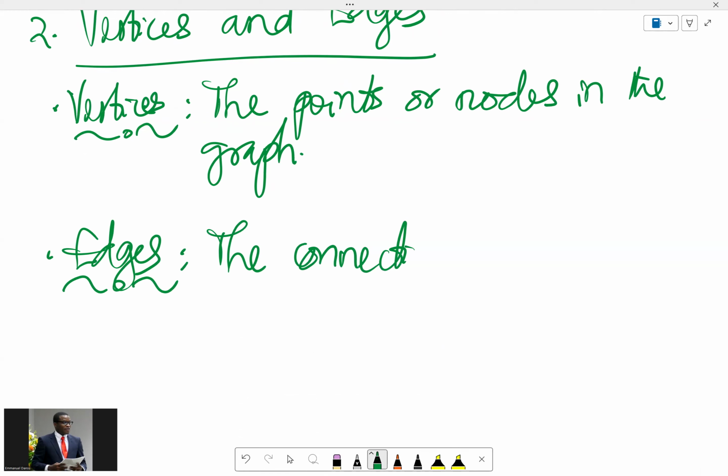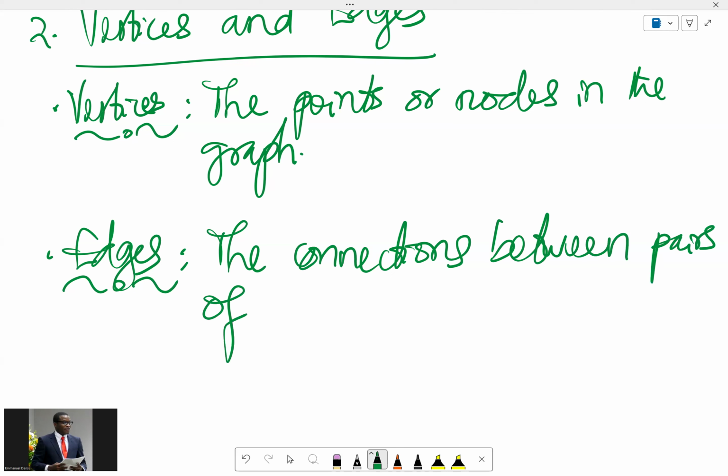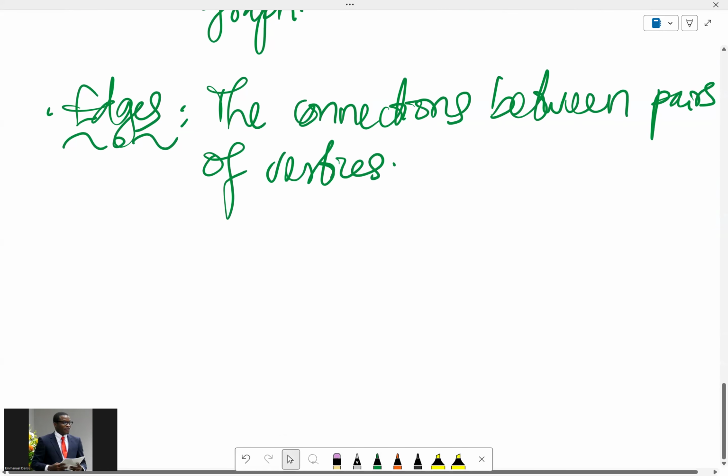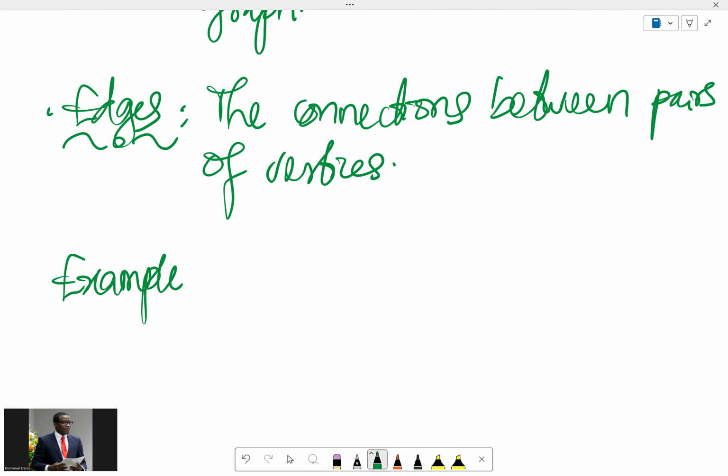They are the connections between pairs of vertices. And just like we're talking about social networks, we can give another example now. What will be examples of vertices and edges?